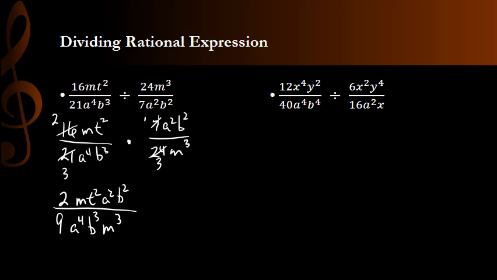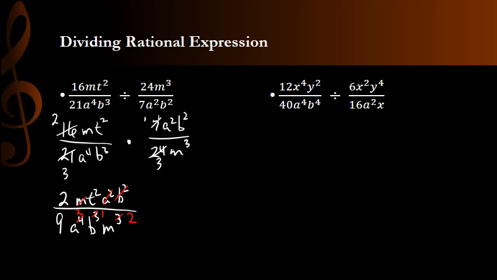All right, now let's work on our exponents. I'll put that in a different color. The a squared here is going to cancel. It's going to leave me with a squared in the bottom. The b squared is going to cancel. It's going to leave me with b to the first power here. The m is going to cancel and leave me with m squared.